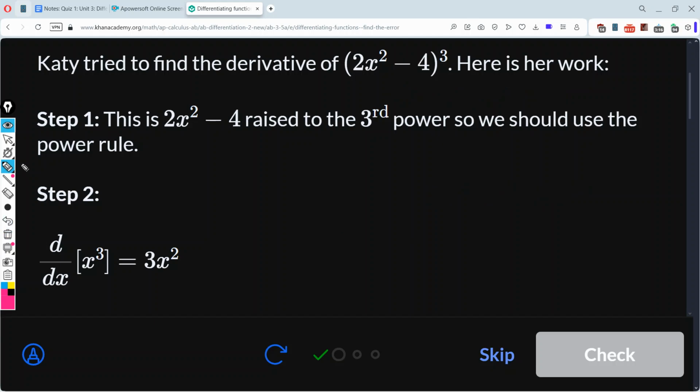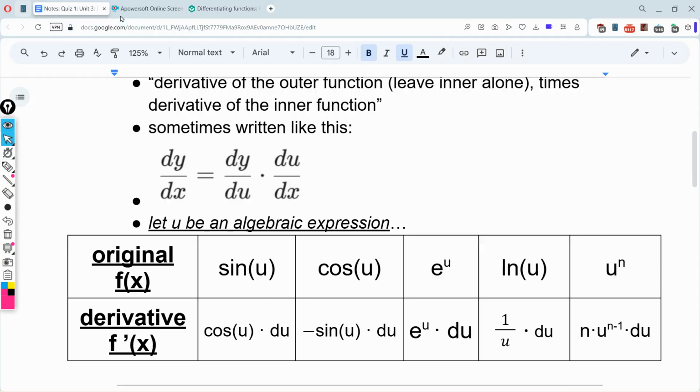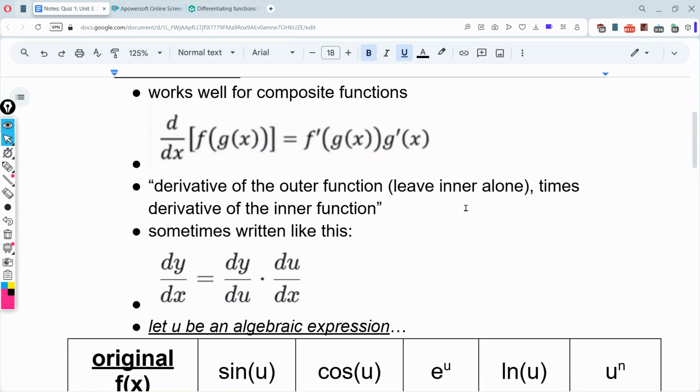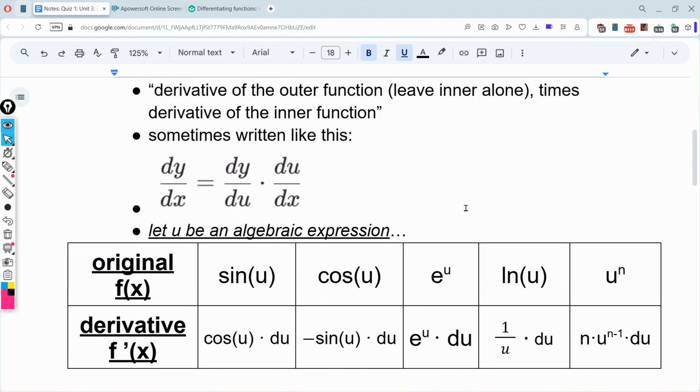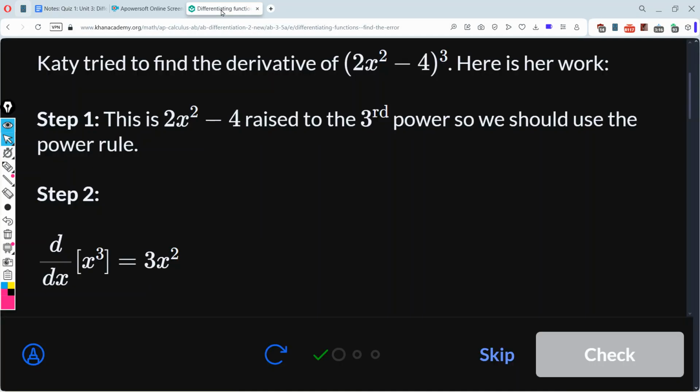If you remember from the notes, when we did this, we let u be an algebra expression, u to the n, it's going to be n times u to the n minus 1 times the derivative of u. Okay, that is really the chain rule. So even though it mostly acts like the power rule, it's not the power rule. Okay. So step one is the mistake.